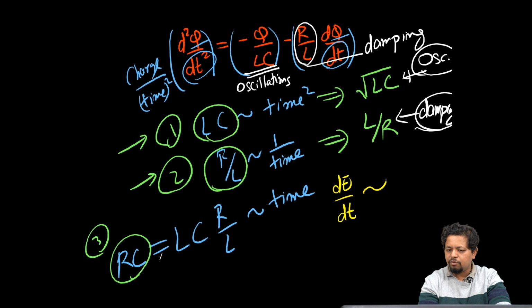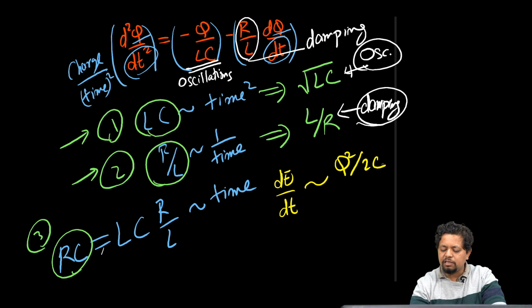Energy in the capacitor is given by q square by 2C, so I can write the energy scale as q square by 2C, but q itself is given by q0, the initial charge in the capacitor, so energy is of the order of q naught square by 2C, and for time, there are various time scales present here.